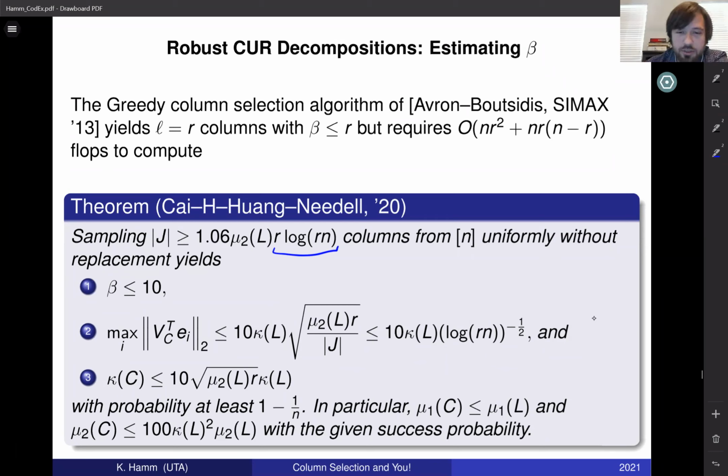And then let me just skip down to here. The row incoherence of C is no worse than 100 times the condition number squared times the row incoherence of L, with probability at least 1 minus 1 over N. You can play with how you sample here and get different probabilities and smaller bounds, but this is just a taste of what you can say. You should think here in the regime where N is massive, and in that case, this is not really a big deal.